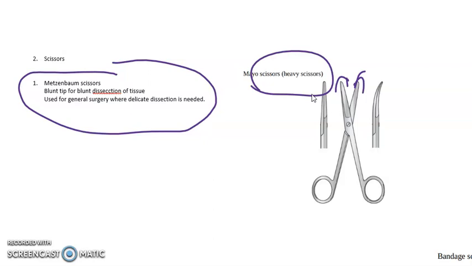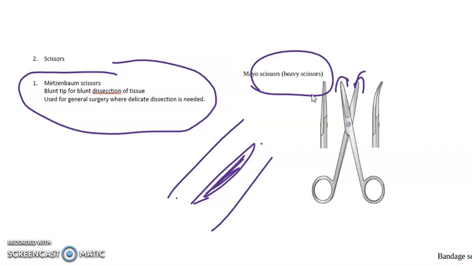So what you do is that after you make an incision of skin, this is the incision. You have a muscle beneath. This is your skin, right? You've made this incision. Okay, so now you get the scissors, and you start making a blunt dissection by opening up further into the muscle without actually cutting, because the ends are blunt.